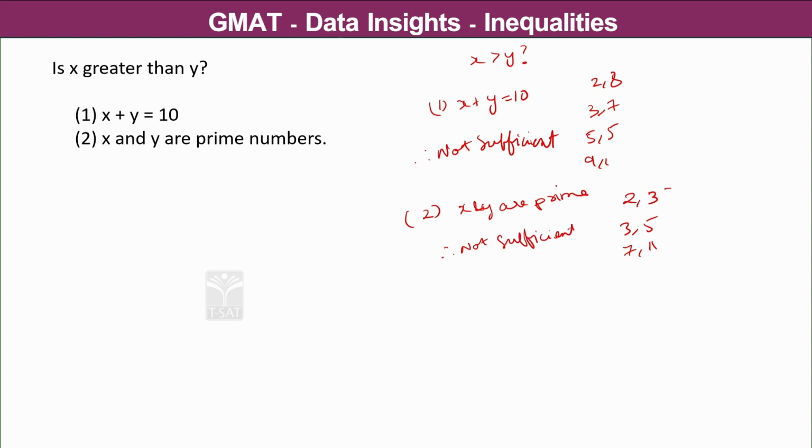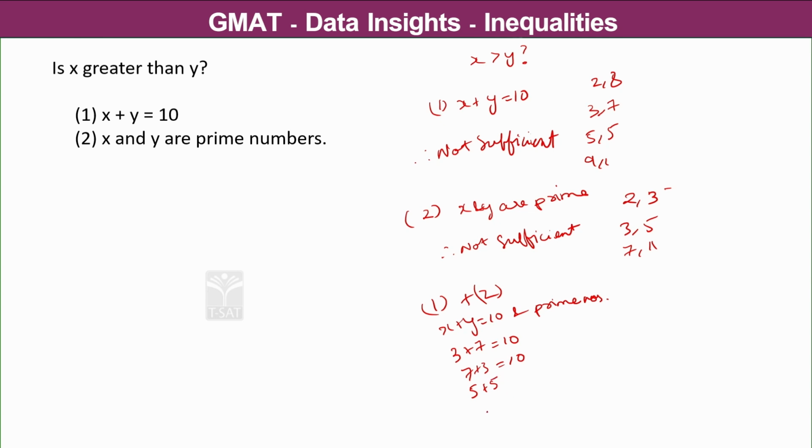And when you combine both statement 1 and statement 2, you know that x plus y is equal to 10 and they are both prime numbers. Therefore, you can say that either 3 plus 7 is equal to 10 or 7 plus 3 is equal to 10. X can be greater or lesser, or it can be equal. They did not even say that they are different numbers.